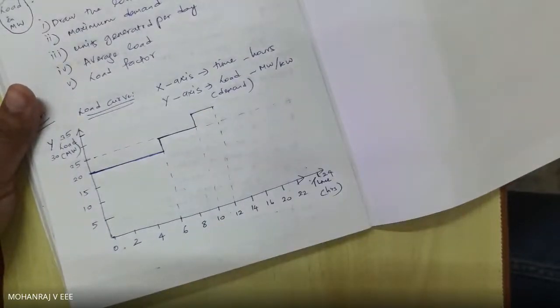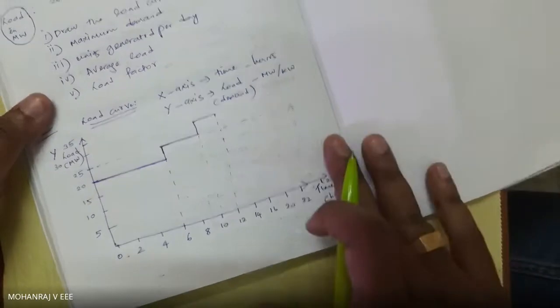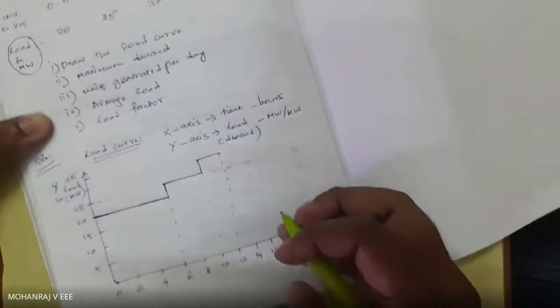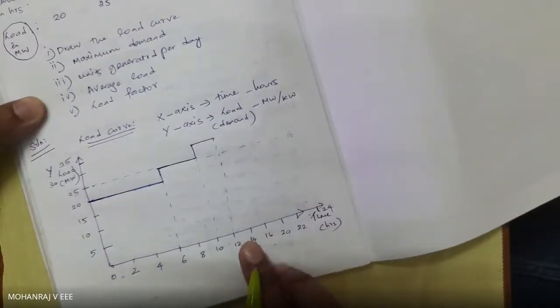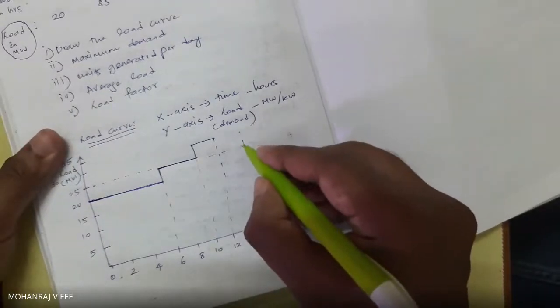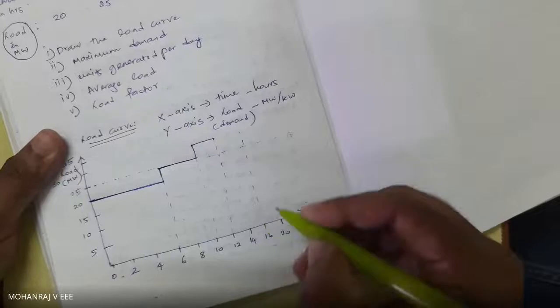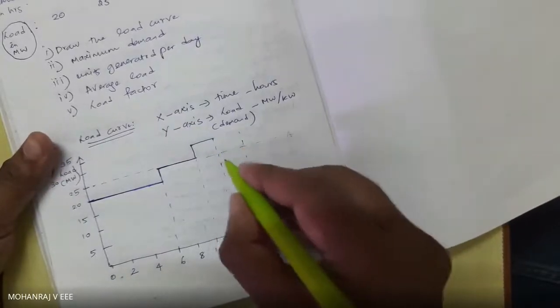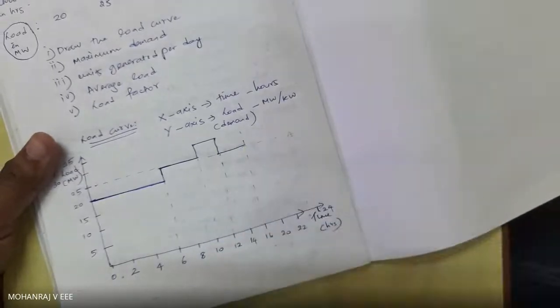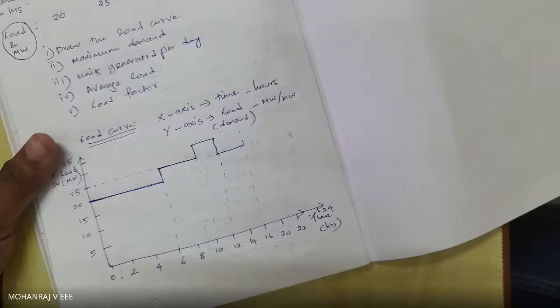Fine. Then from 12 to 16 it is 25. So I have my 12 here, then I have my 16 here. 12 to 16 is 25. Then from 16 hours to 20 hours, it is 35.